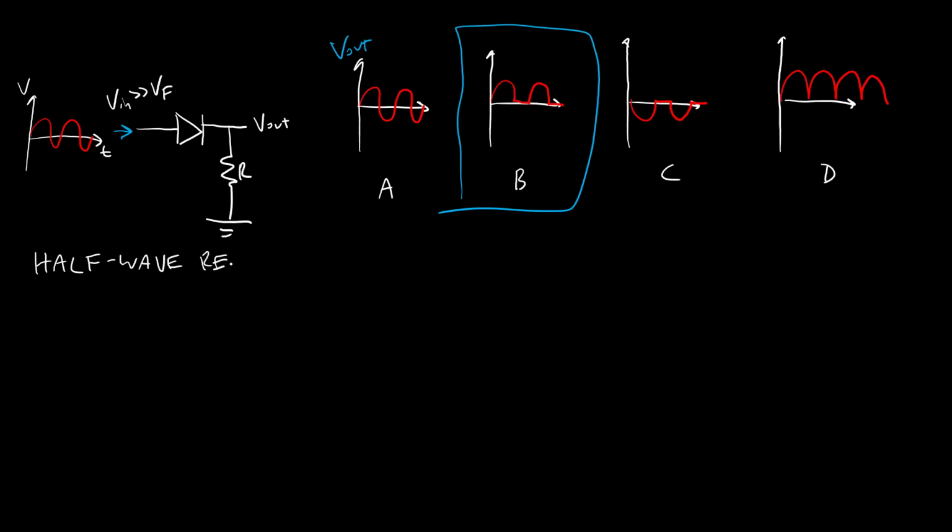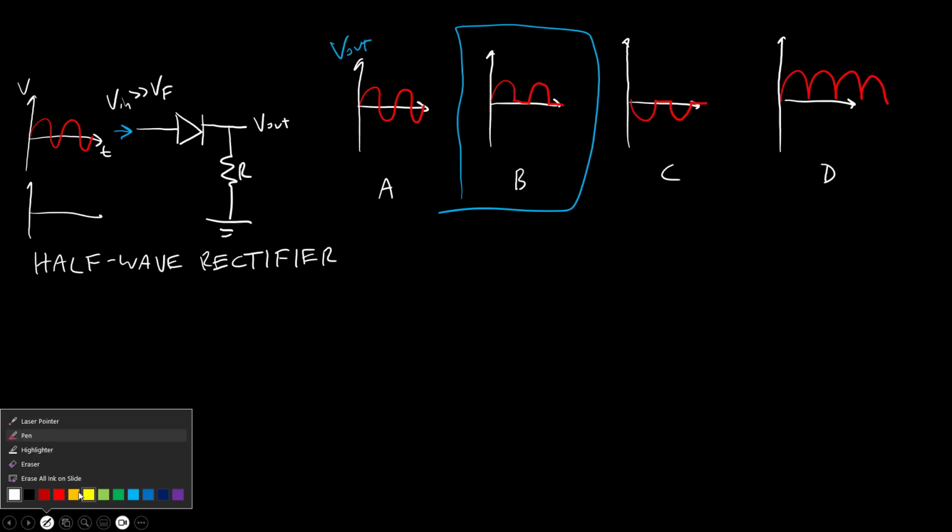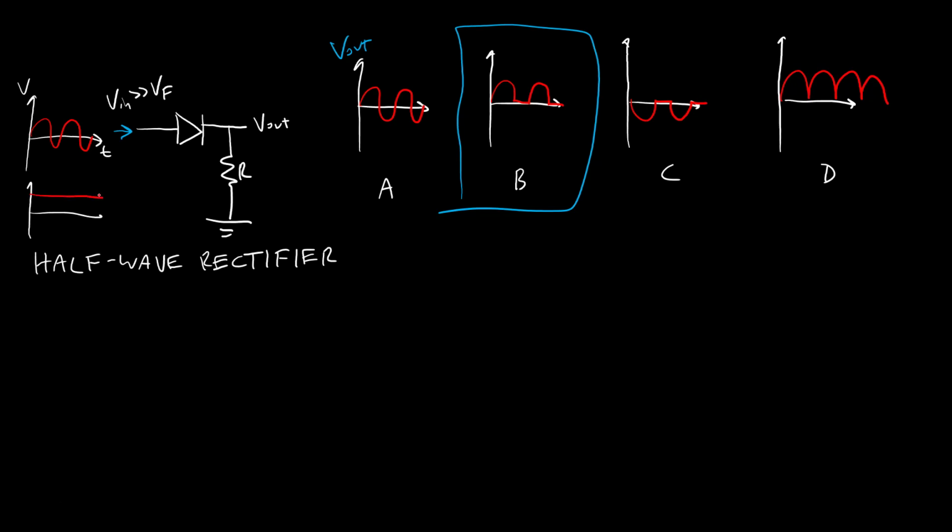So our goal with rectification, that I probably should have mentioned at the beginning of the video, is to take AC, or alternating current, from a wall outlet and convert it to DC. So ultimately I want my output to be a constant, and this is very important for things like charging a battery.